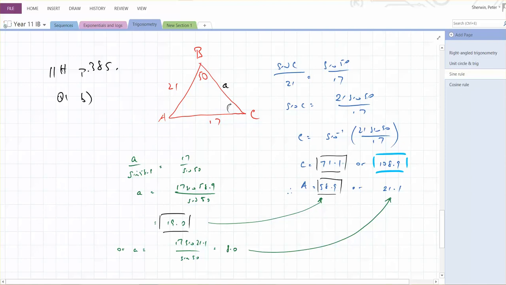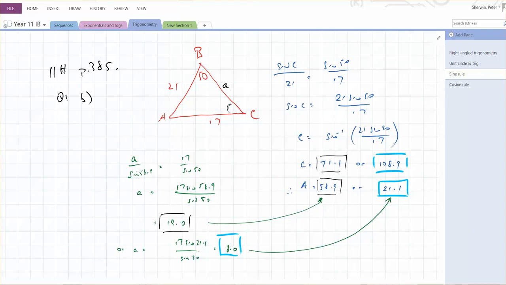And if it is, A is now 21.1, and we're going to put 21.1 down here to find side A: 17 sine 21.1 over sine 50, which is 8. So they're the three results for C being obtuse, and these three are the results for C being acute. We have to take account of both in this situation.